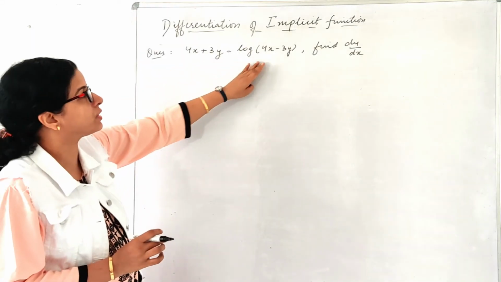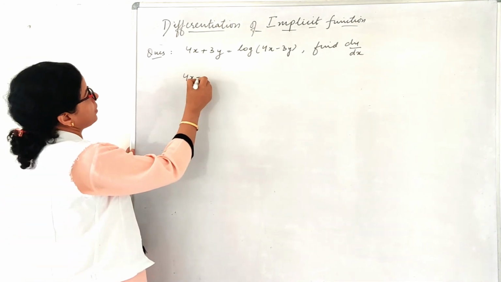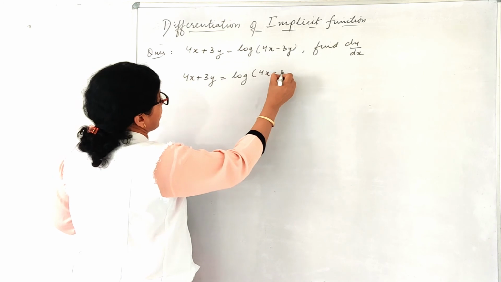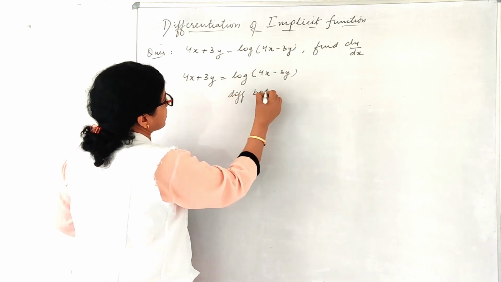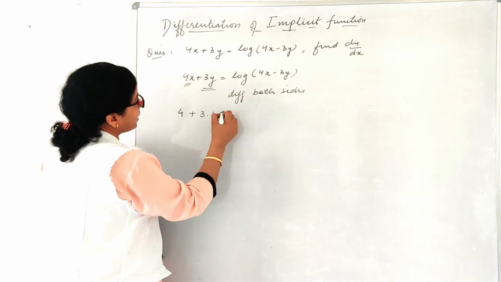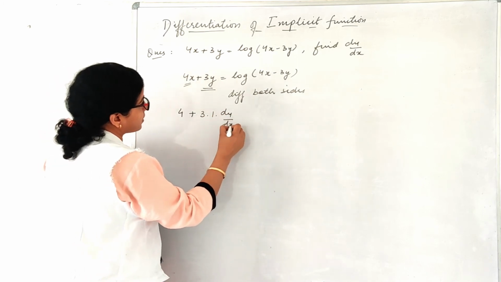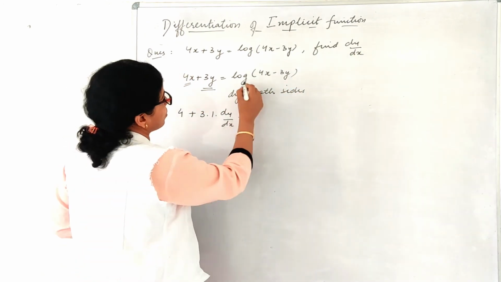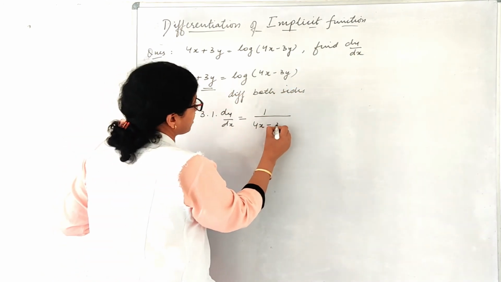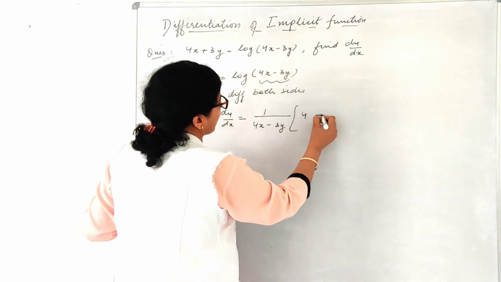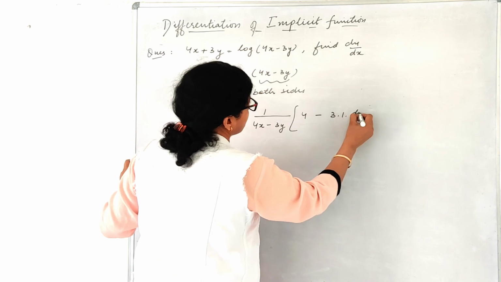I will differentiate both the sides, right? So 4x plus 3y equals log of 4x minus 3y. Differentiate both sides. Differentiation of 3y is 3 into dy by dx, because we are differentiating with respect to x, equals 1 upon 4x minus 3y. Here we are using the chain rule, so it will become 4 minus 3 dy by dx.